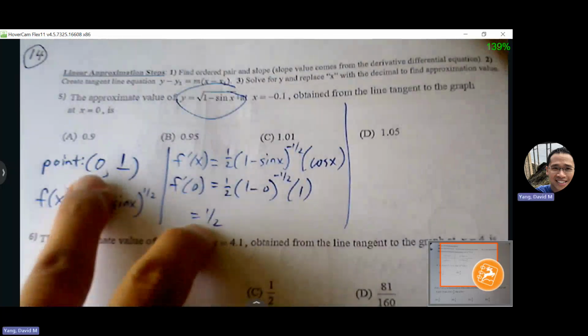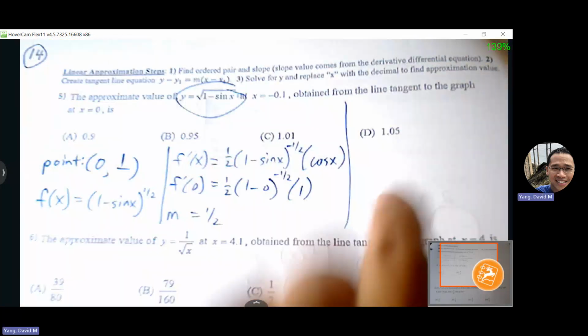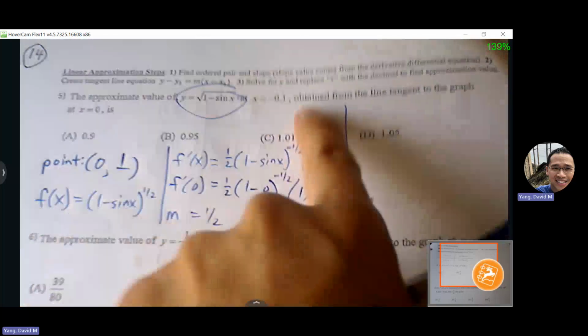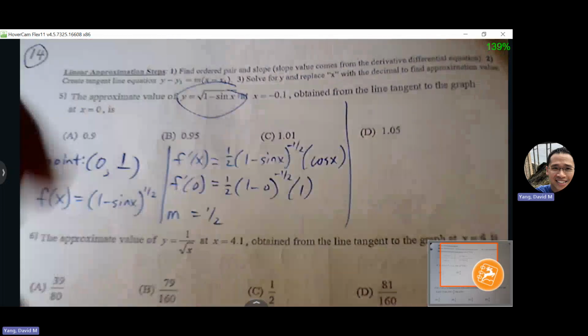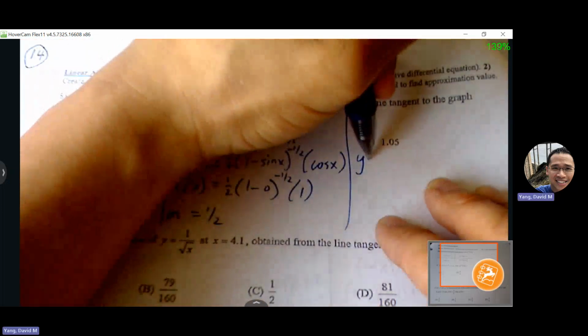Okay, I have my ordered pair. I have my slope, point slope form. And then finally, once I get my point slope form going, I can plug in that negative 0.1 as my decimal.